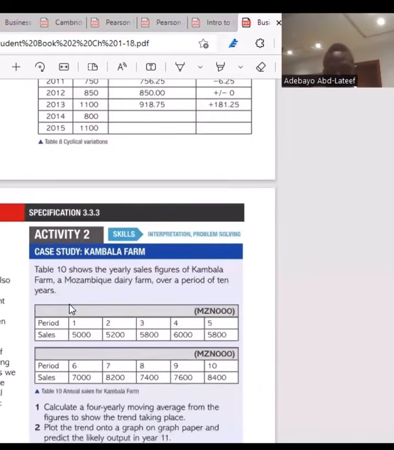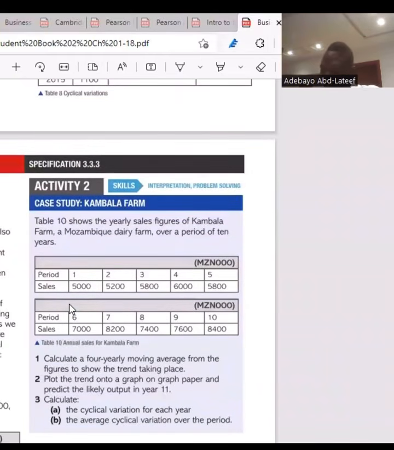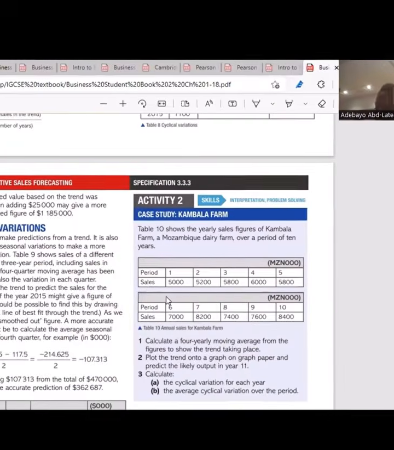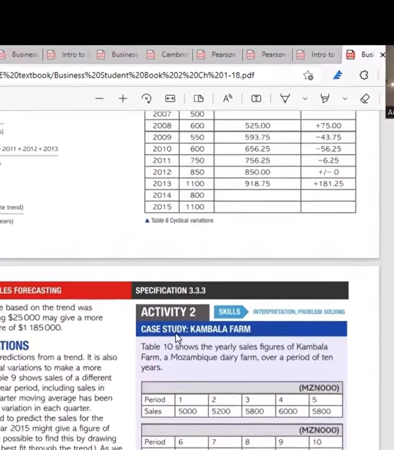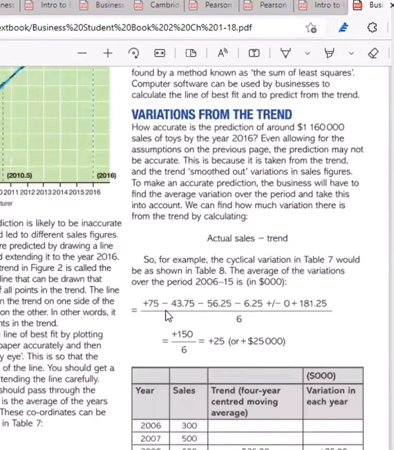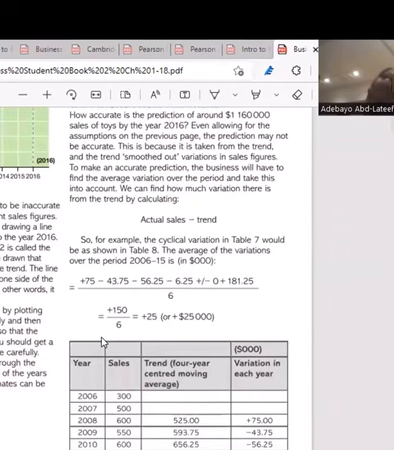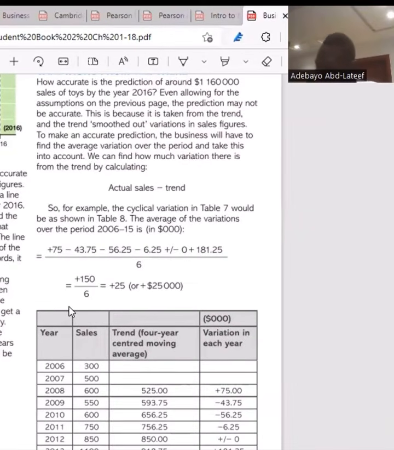Is it clear? Yes. So now we go to variations from the trend. For the variations, we can find how much variation there is from the trend by calculating. How do you calculate the variation? Your actual sales minus your trend.